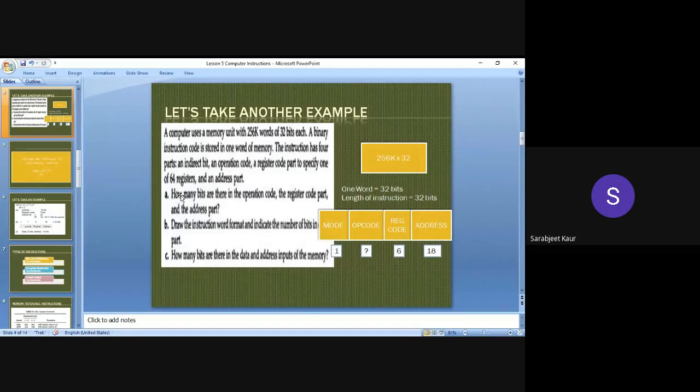The first part says how many bits are there in the operation code, the register code part and the address part. So we have calculated everything apart from the operation code part. Now we can compute the operation code part. Please calculate. Just give me a minute.